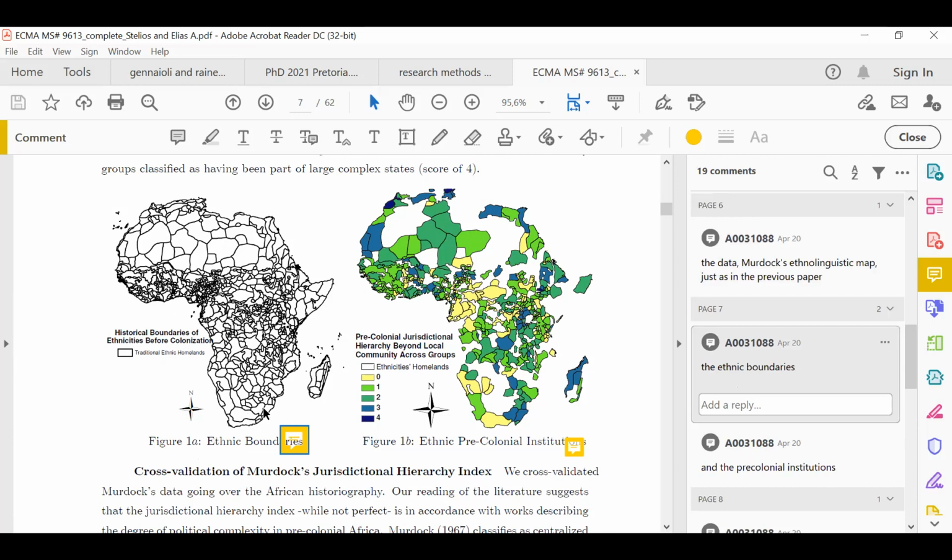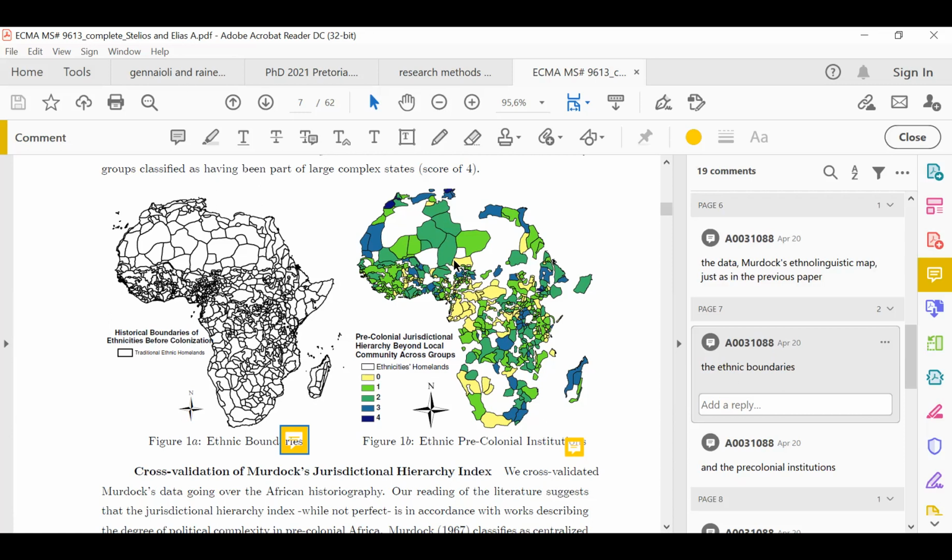You can see the Zulu there, you can see the Xhosa there, you can see other groups around the Great Zimbabwe, and you can see also how fragmented. This is Nigeria, what we call Nigeria. How fragmented in terms of ethnicities or boundaries, right? And how much more sparse the South is.